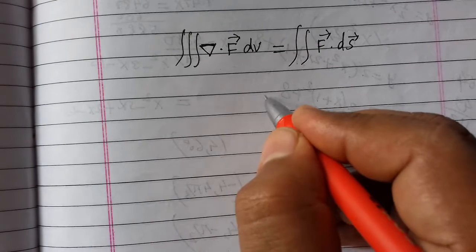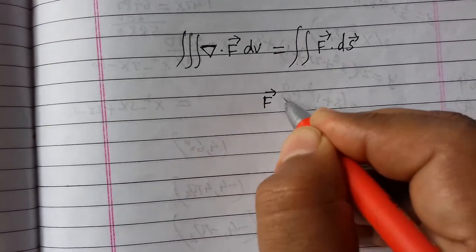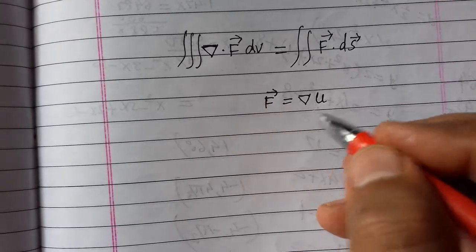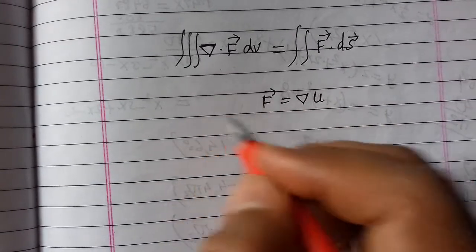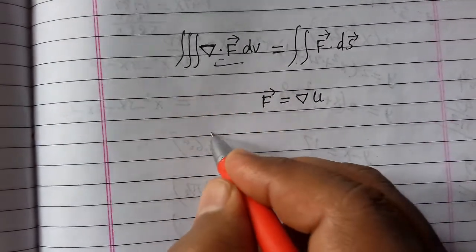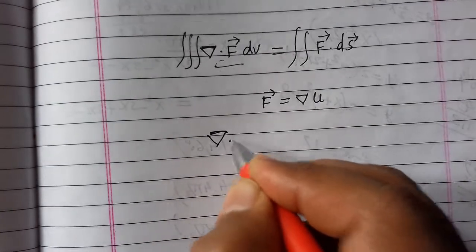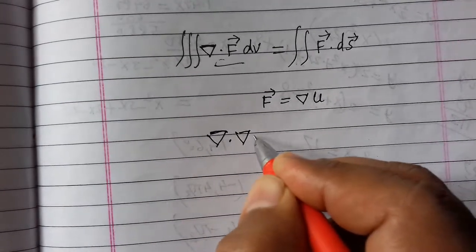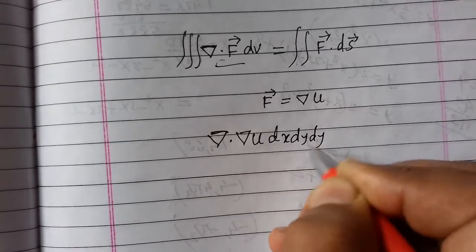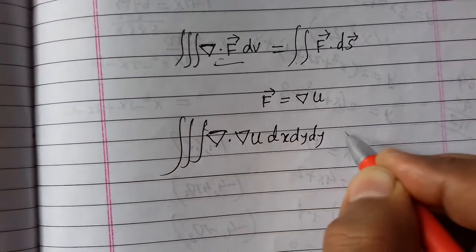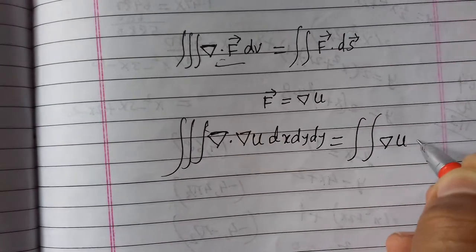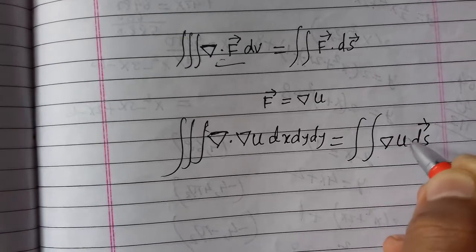And in this question, f is grad u. F is grad u. So if you put this at this place, then this will be del dot del u dv, that is dx dy dz, and this will be equals to del u ds dot ds.